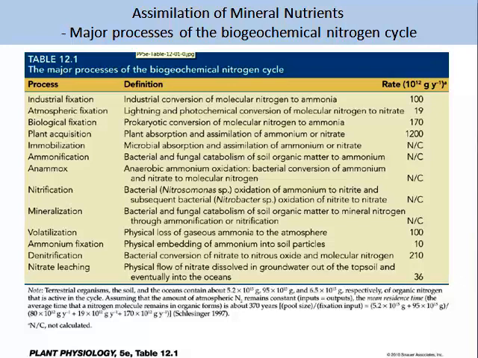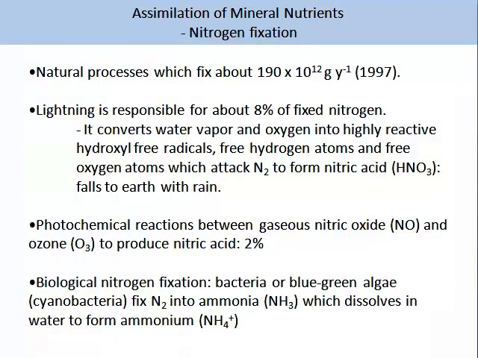And then the third most common process is prokaryotic conversion of molecular nitrogen to ammonia. Natural processes which fix nitrogen total approximately 190 times 10 to the 12 grams per year.